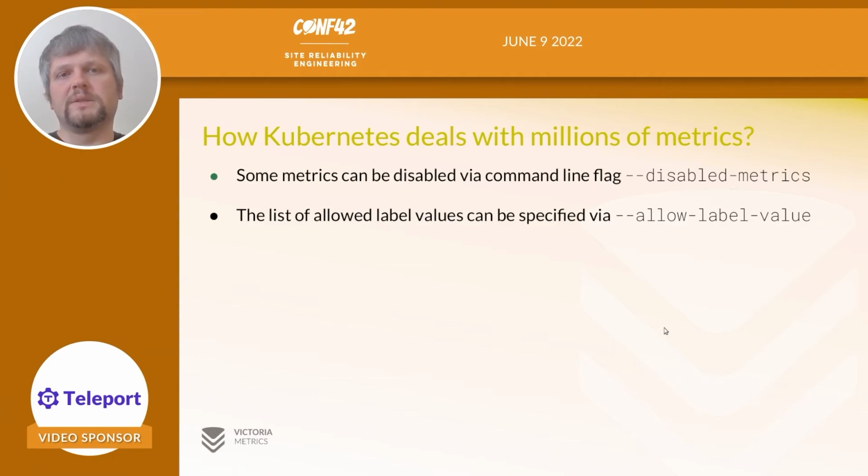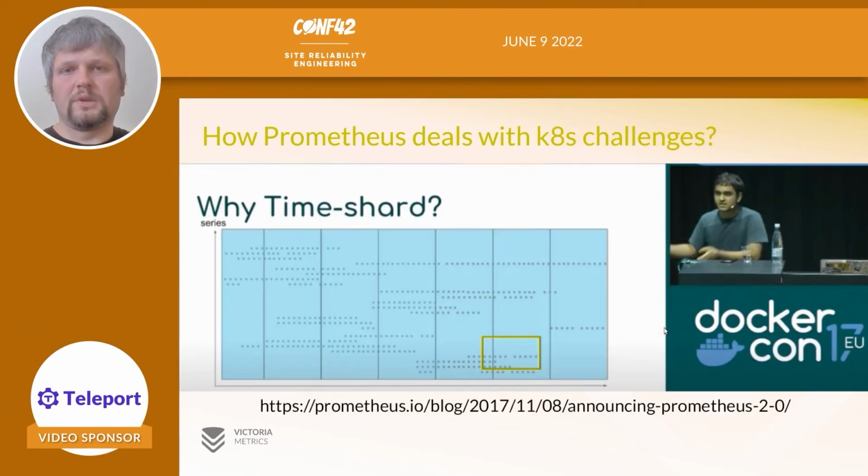How does Kubernetes deal with millions of metrics? The answer is that Kubernetes doesn't provide a good solution. It provides only two flags, which can be used for blacklisting some metrics and allowing other label values. That's not a good solution. How does Prometheus deal with Kubernetes challenges?